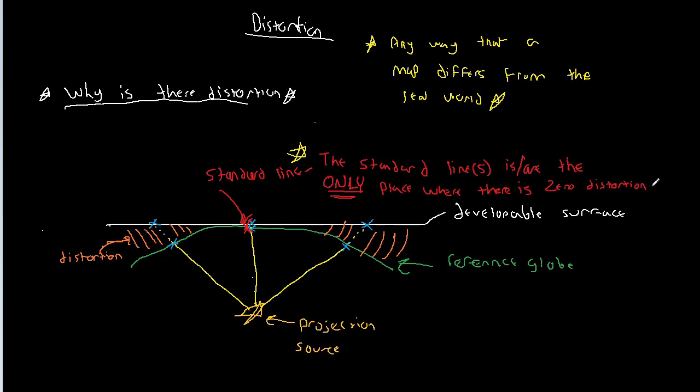Where there is zero distortion, right? Underlined, italicized, do whatever you need to do. Standard lines are the only places on a map where there is zero distortion, right? I'm going to say that one more time. Standard lines are the only place on a map projection where there is zero distortion. Okay?